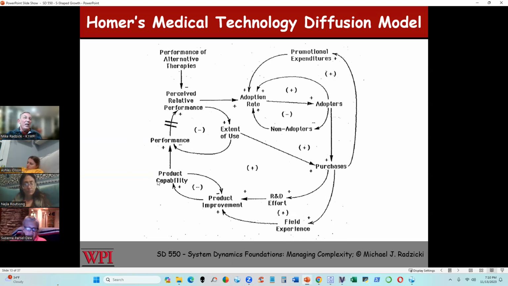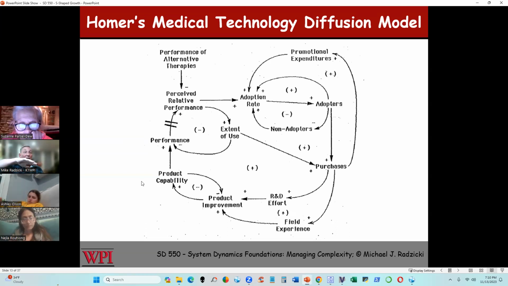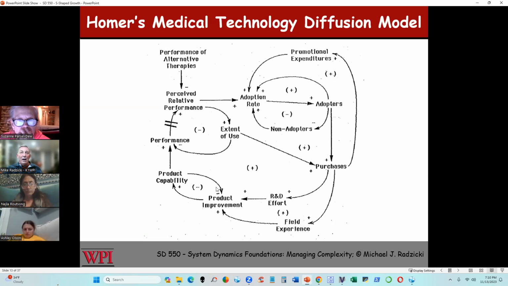And of course, in any technology diffusion model, it doesn't have to be medical technologies, like let's say the internal combustion engine, at the beginning you get a lot of improvement as you go from the first try to the second try. But after a while, how many more improvements can we make to the internal combustion engine? You can probably still make some, but you've passed the inflection point and you're just making ever so slight incremental improvements in the product's capability.